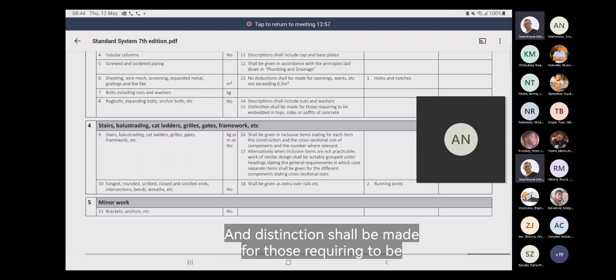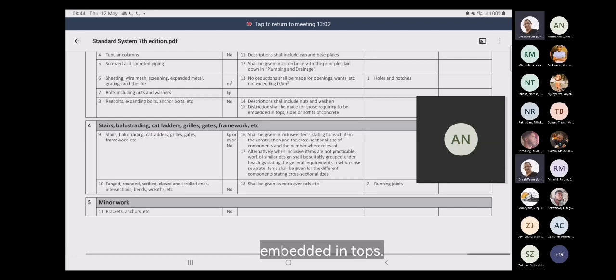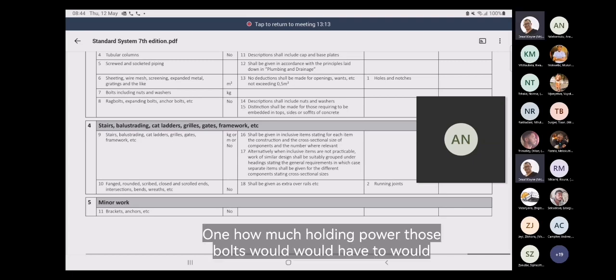A distinction shall be made for those requiring to be embedded in tops, sides, or in soffits of concrete. The reason for that is it will depend on how much holding power those bolts would have to show.